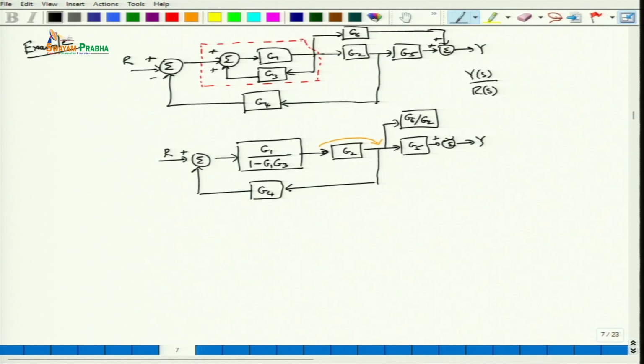We had G6 in the forward path already, and since we are moving the point, we just divide it by G2, and we get this particular expression.